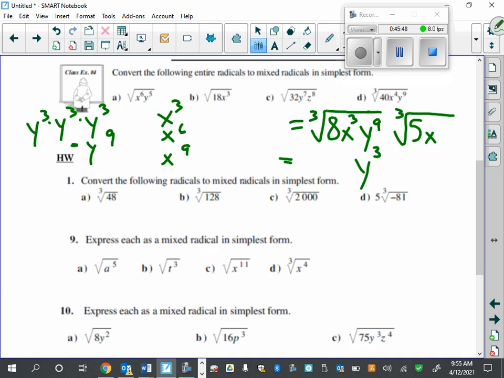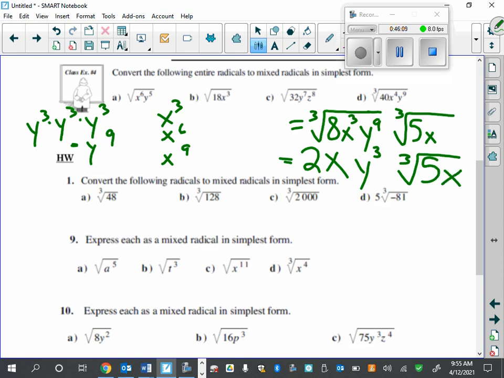What's the cubic root of 8? 2. There he is. And what's the cubic root of x cubed? X times itself 3 times equals x cubed. So that's the perfect cube part, and then you just write down the leftover part there.